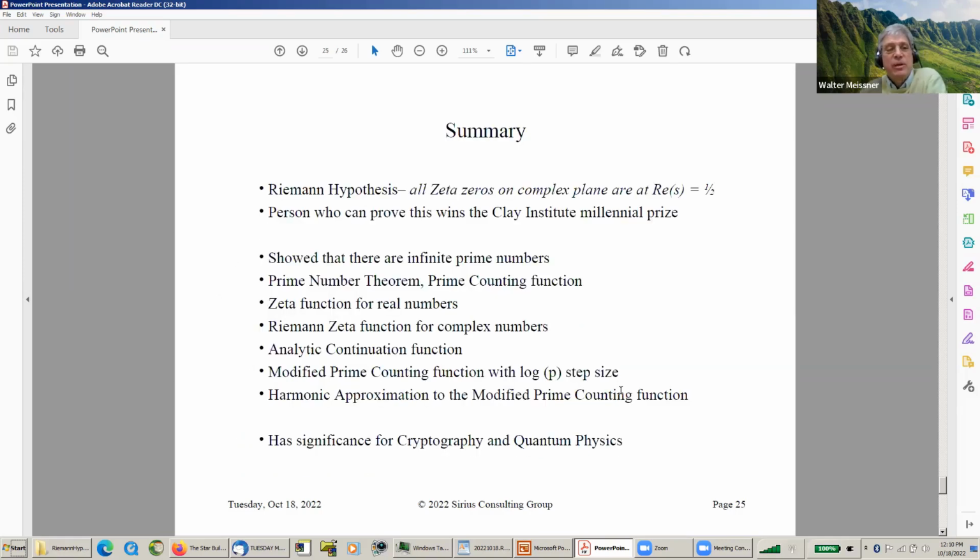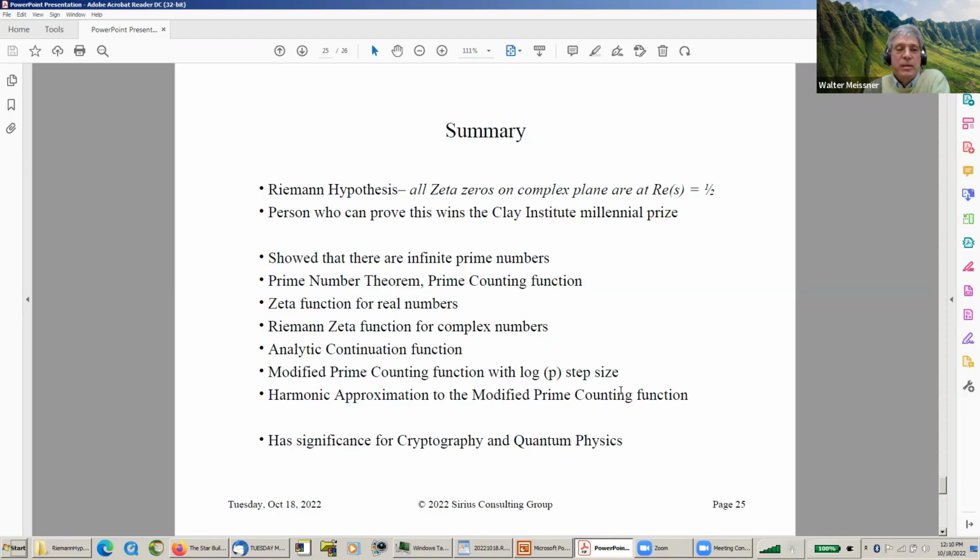Okay, so in summary, the Riemann hypothesis says that all zeta zeros on the complex plane occur when the real part of S is equal to 1/2. And if you can prove this, you can win the Clay Institute Prize. We talked about the fact that there are infinite prime numbers. If it was finite, you could probably solve the Riemann hypothesis easily.